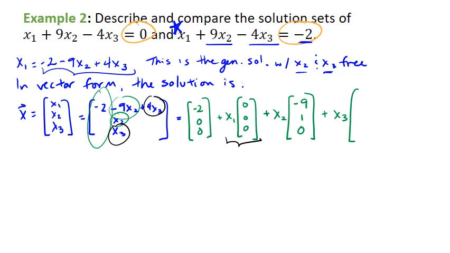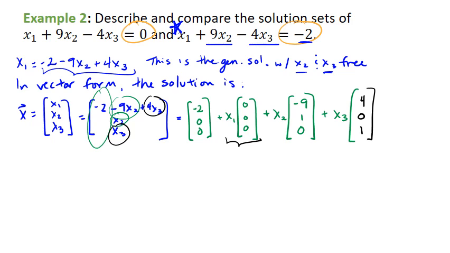So I would have 4, 0, 1. Great. Okay, so we're just going to let this sit here for a moment. And what we're going to do next is do the same thing, but for the other equation.